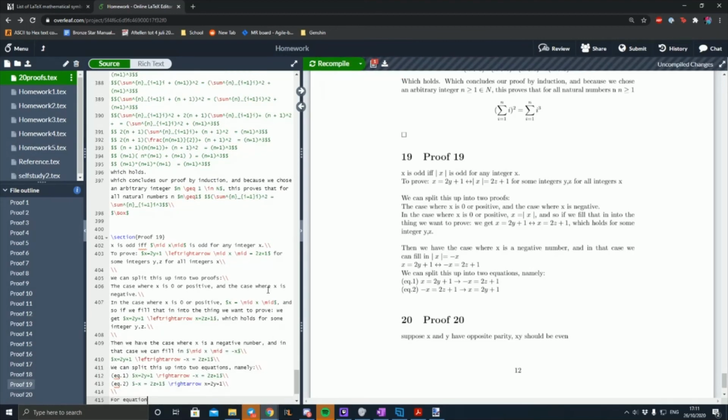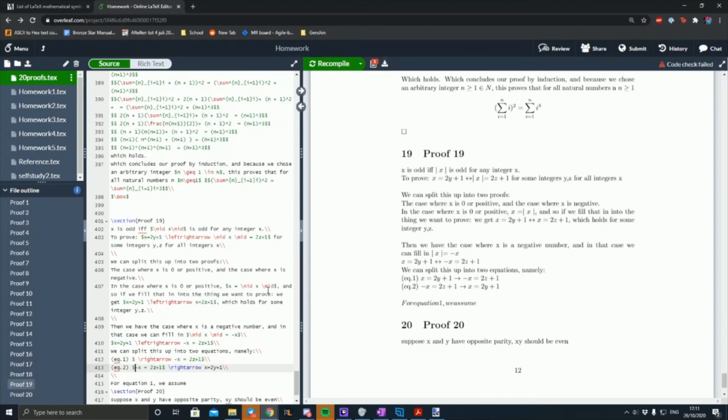For equation 1, we assume x, and then this is all math, so we put it into the math brackets, and we can say filling this into the second part of the equation gives... I put a thing too quickly here.